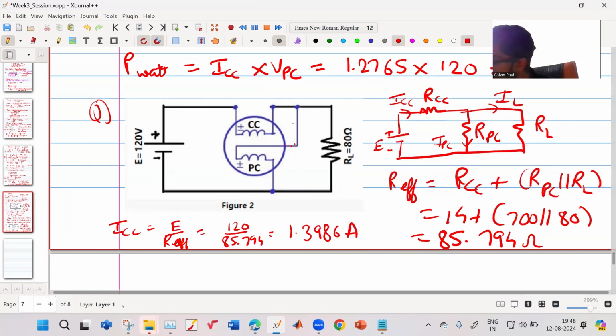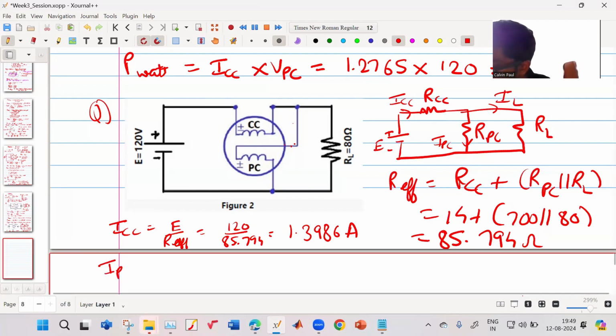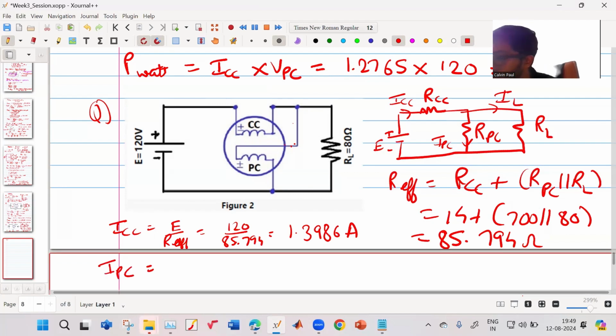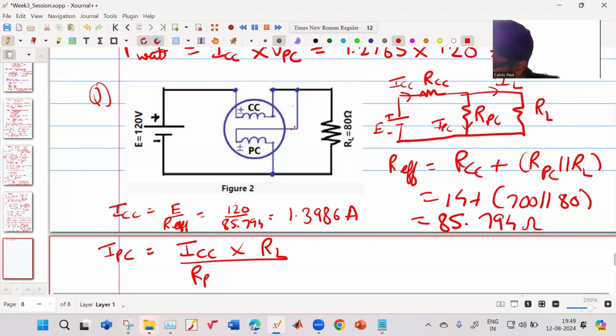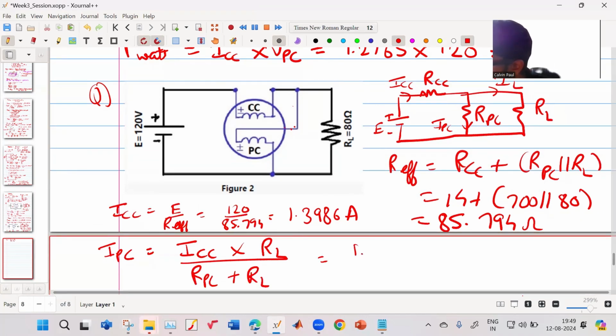Okay. Now, what will be my current through my pressure coil? By the current division rule, it is ICC into RL divided by RPC plus RL. So that is actually 1.3986 into 80 divided by 780. So how much is this?